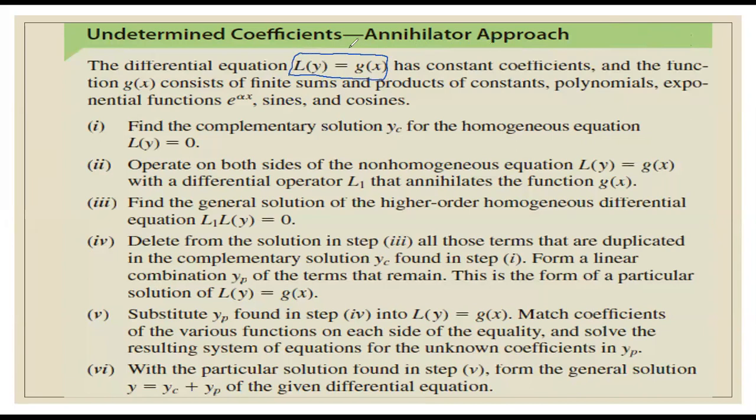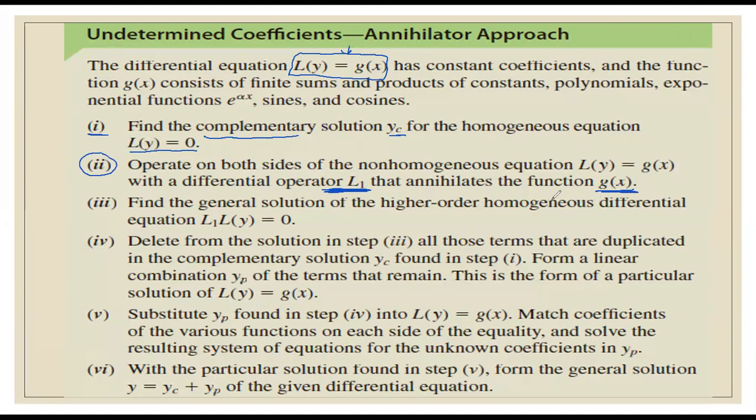To solve this equation, I have the following steps. First step is to solve the homogeneous, and you will find yc, which we call the complementary solution. Second step is to find the annihilator L1, which makes g(x) equal 0.